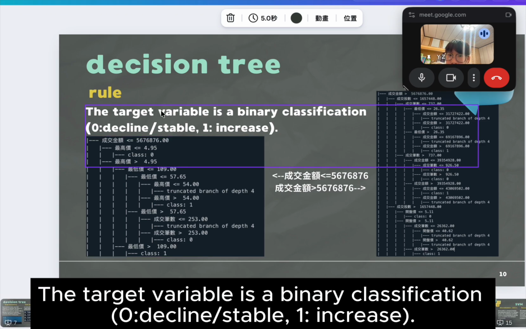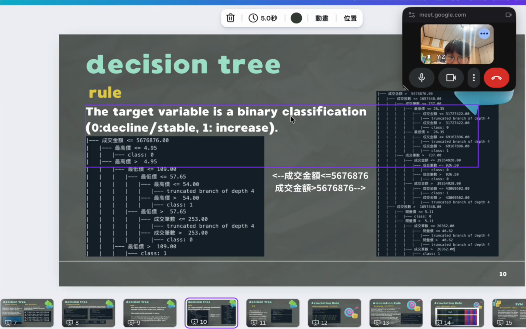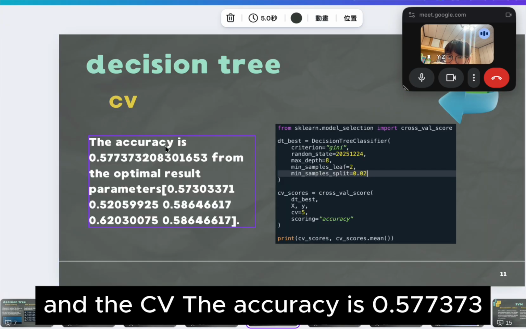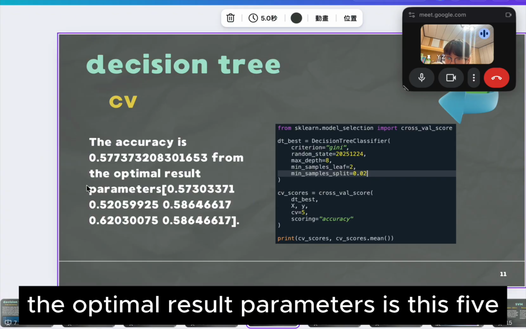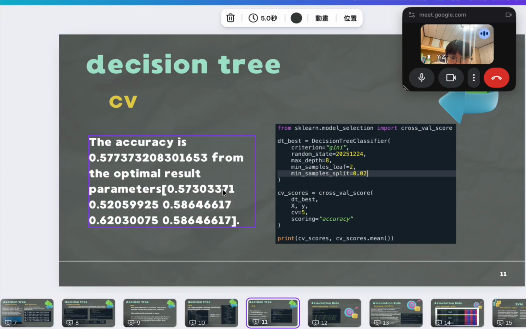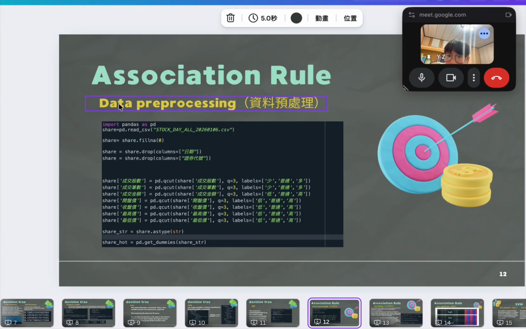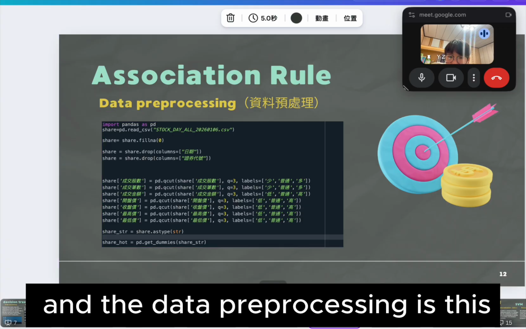And the rule is binary classification, and yes, it's 0 or 1. And the CV score is 0.5677373. The optimization parameter is 5. And the execution rule, data processing is this.